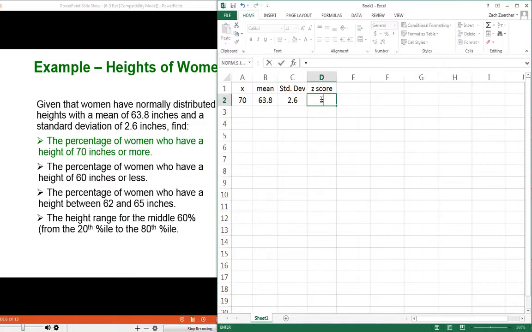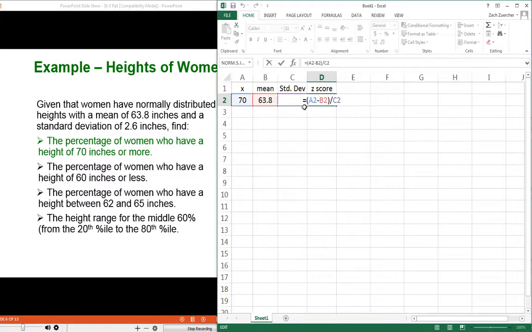Well, that's equal to, in the numerator, X minus the mean, close those parentheses because we're going to divide by the standard deviation, which is C2. I don't want C4, I want C2. Okay. So you can see that this has a Z-score of 2.3846, or just 2.38.